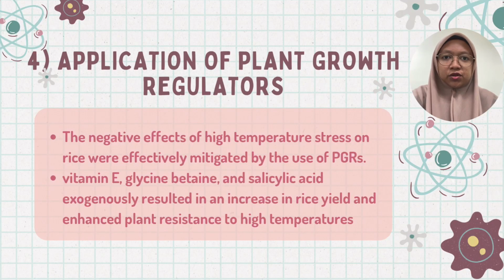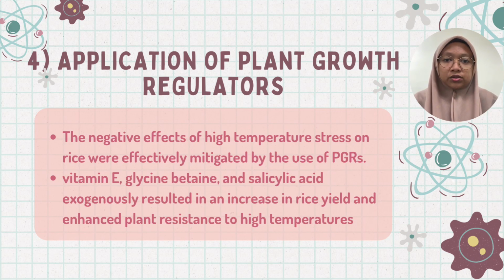The next one is application of growth regulators. The negative effects of high temperature stress on rice were effectively mitigated by the use of PGR. When compared to the nothing applied control (NAC), the exogenous application of PGR significantly enhanced the growth and yields of both rice varieties. The exogenous application of vitamin E, glycine betaine, and salicylic acid resulted in an increase in rice yield and enhanced the plant's resistance to high temperature.